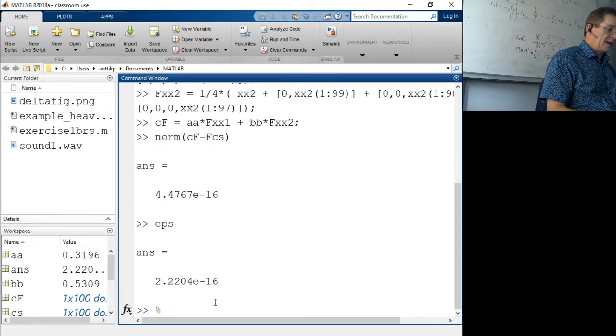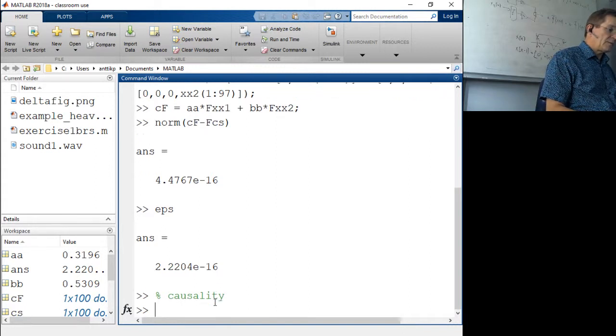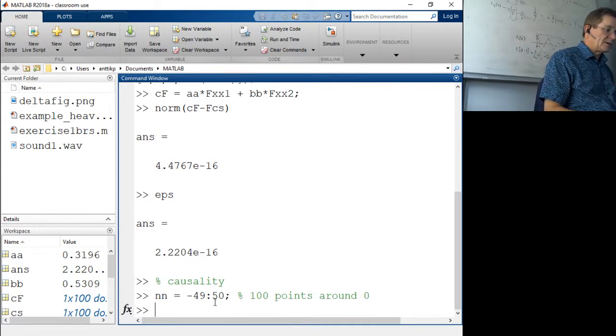so the next part is causality. And for that one, I will do actually something here. I make NN also 100 points, around the 0. On both sides of the 0, about 50 points.